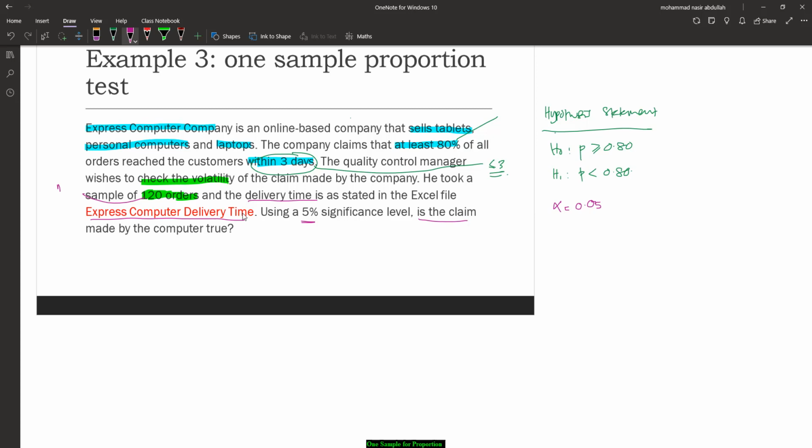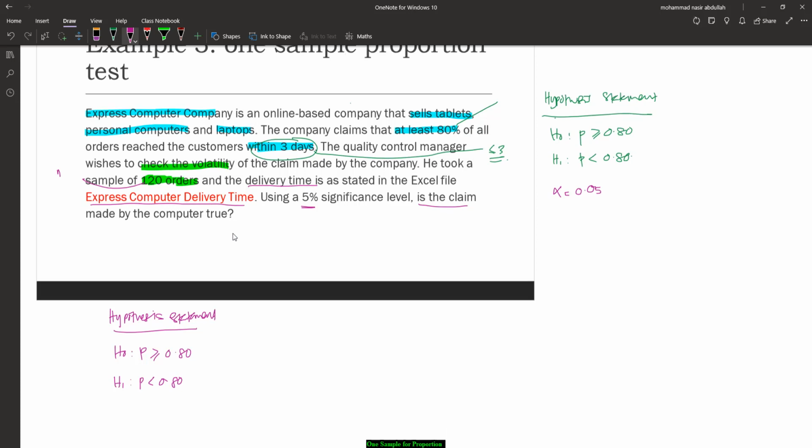First step, to conduct the hypothesis test, we need to state the hypothesis statement, which we already did. The null hypothesis is P is more than or equal to 0.80, the alternative hypothesis is P is less than 0.80.